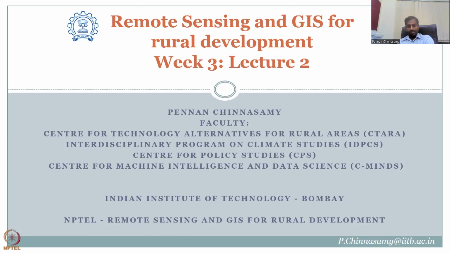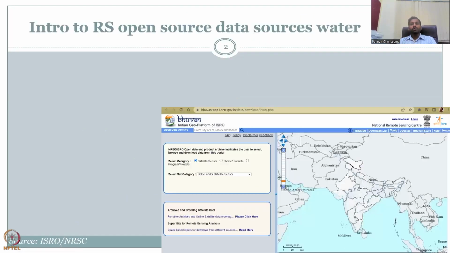In today's lecture, let's look at the specific data that we use to take from Bhuvan for water resources. So water is the theme here, and we would like to look at the Bhuvan Open Data Archive.